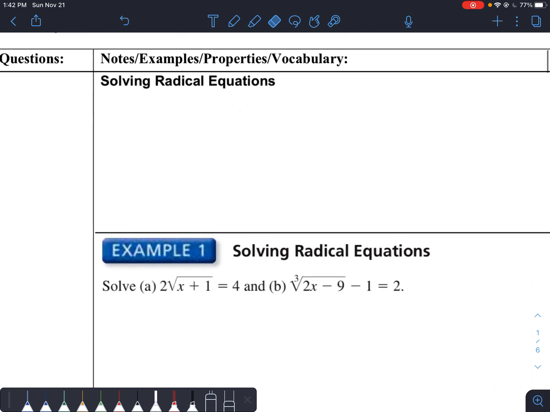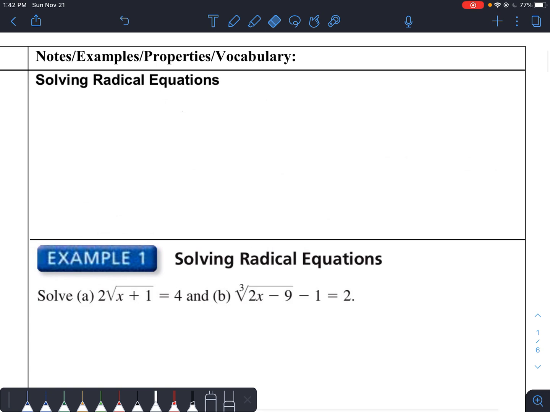First thing that you're going to want to do is get the radical expression by itself if possible.